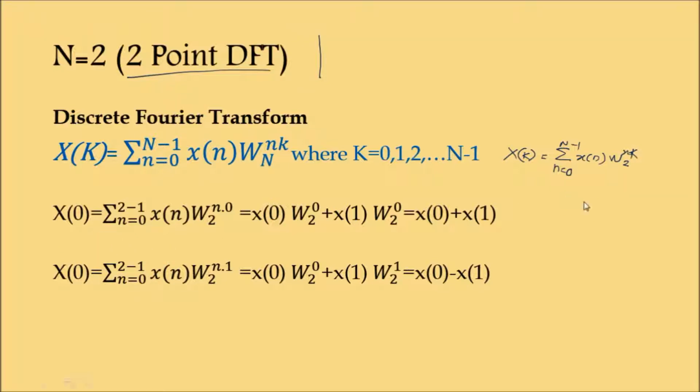Now we know that for k we have to put 0, 1, 2 up to N minus 1. So N means 2, so the k values are 0 and 1 for the 2-point DFT.